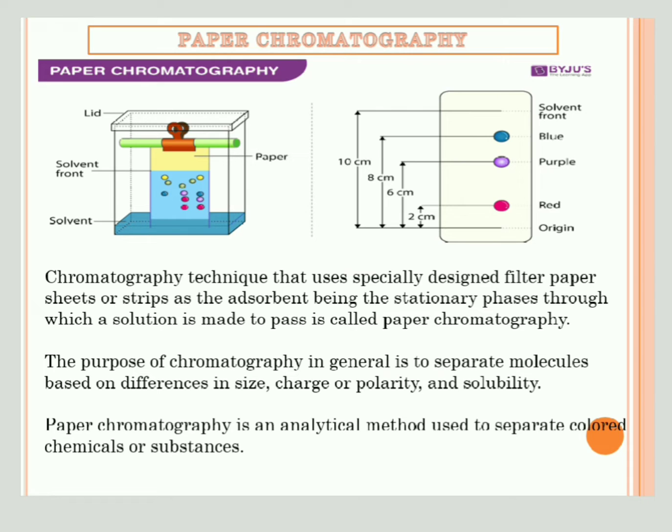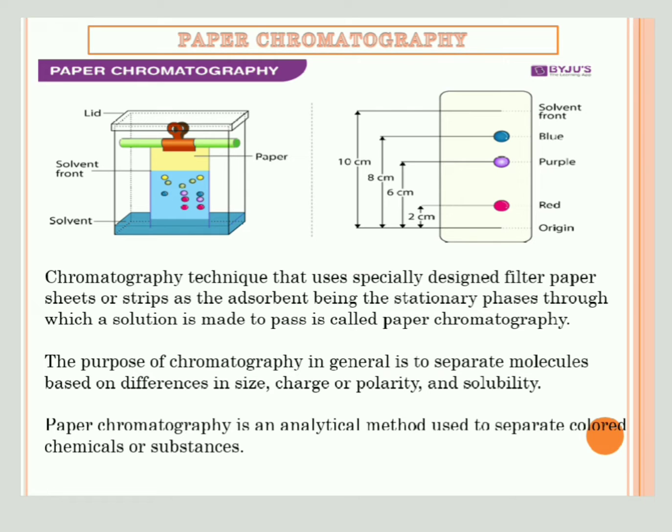This process, in which a solvent, that is the mobile phase, is passed through a stationary phase, is called paper chromatography. The purpose is to separate the molecules on the basis of size, charge, polarity and solubility.